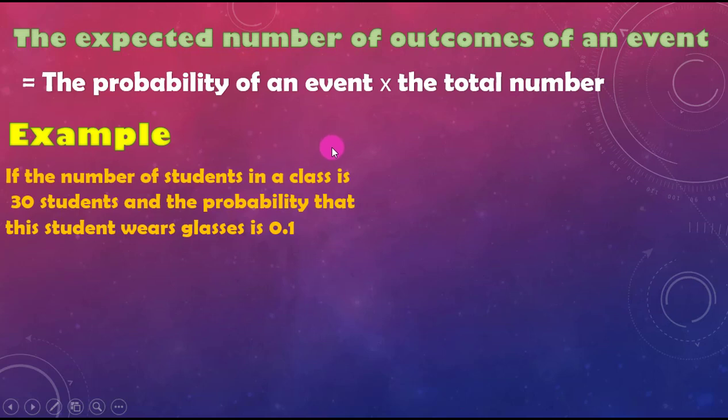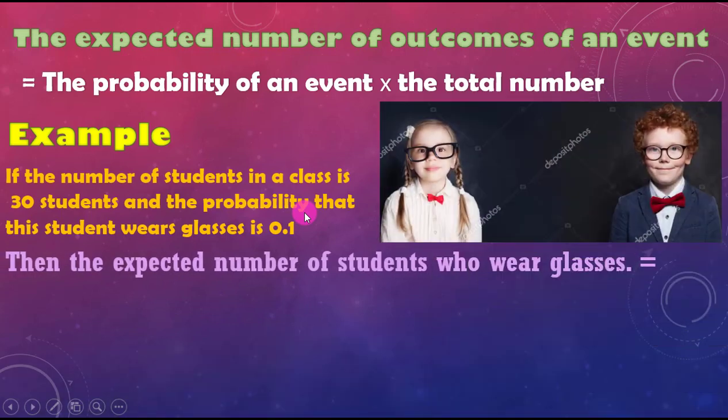In this example, the number of students in a class is 30 students, and the probability that a student wears glasses is 0.1.